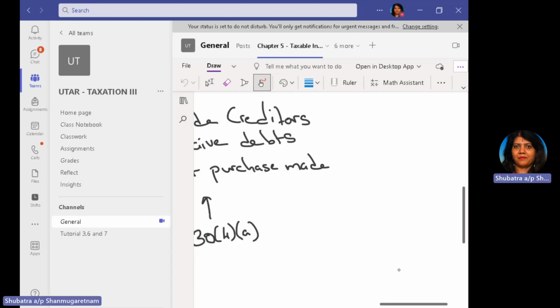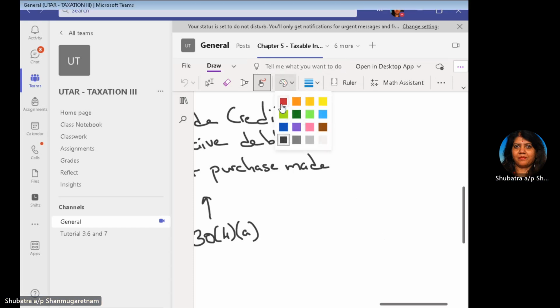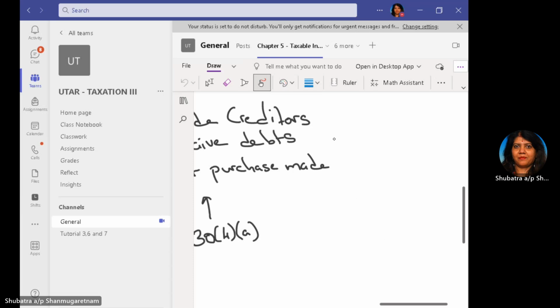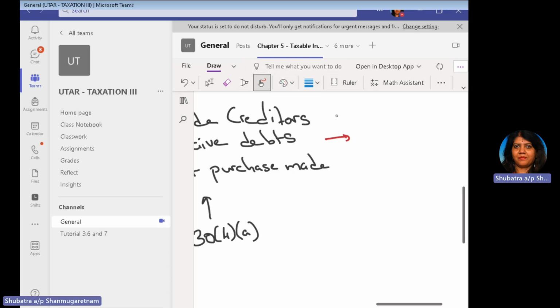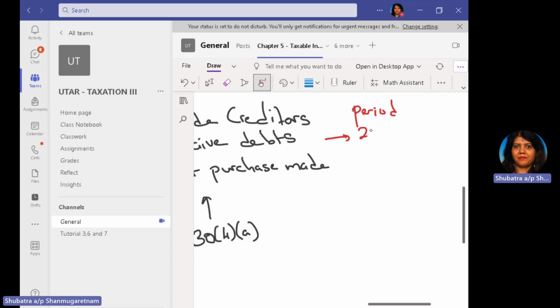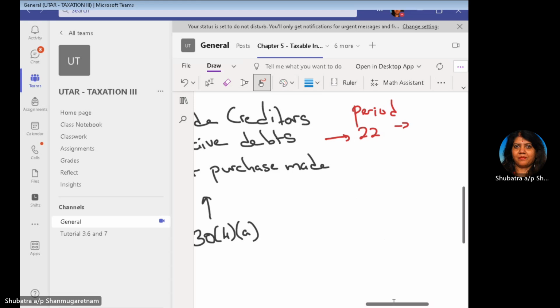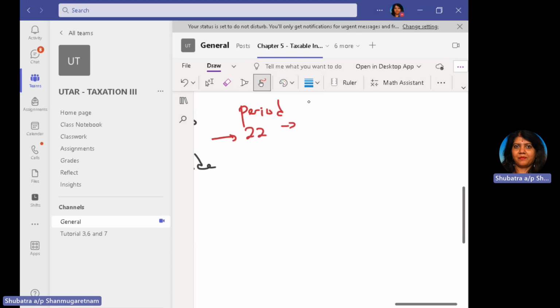All right. So the first thing you need to understand is this. Say in the period 2022, purchases were made. In this period, purchases were made.